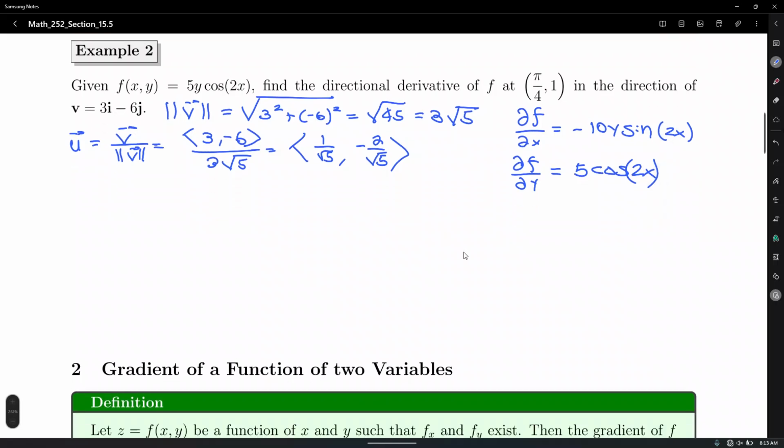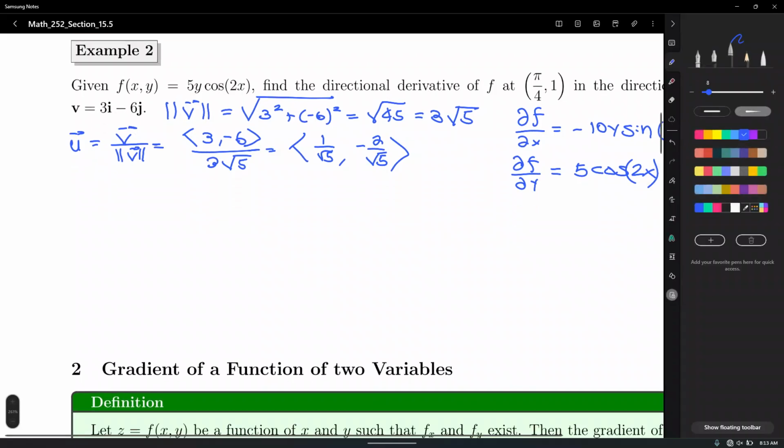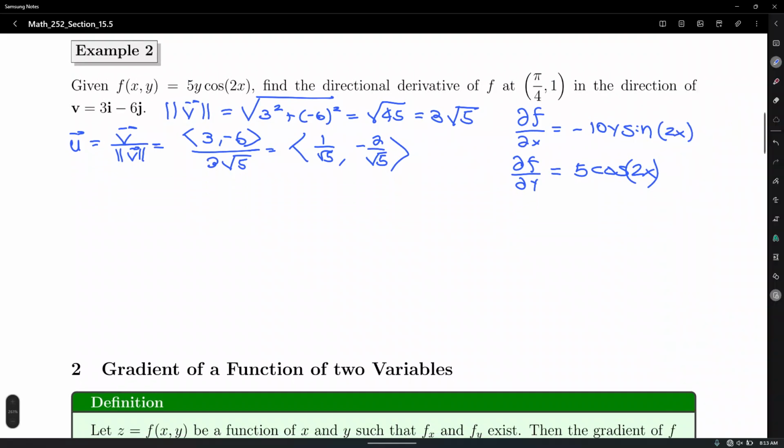Well, instead use the new formulation using the components of the unit vector. So the directional derivative of f in the direction of u, at the point x, y, will be the partial with respect to x times u1 plus the partial with respect to y times u2.